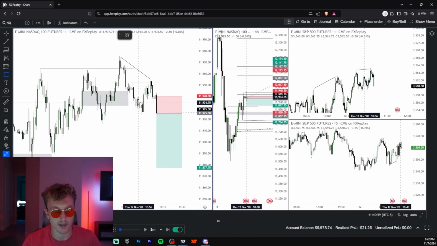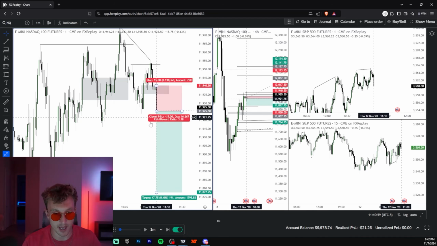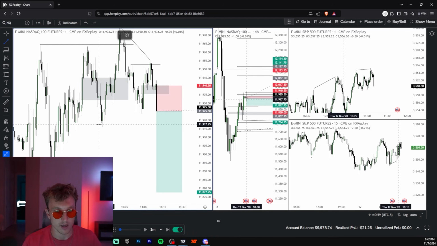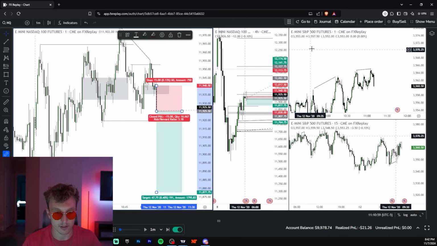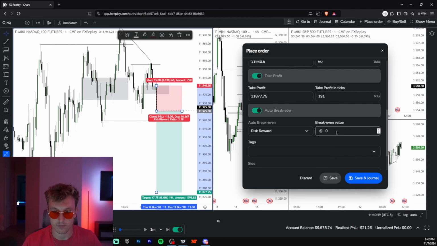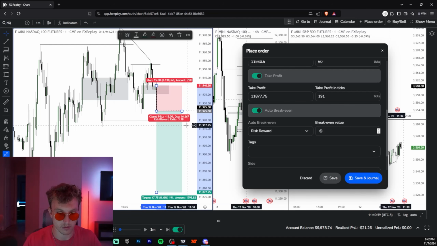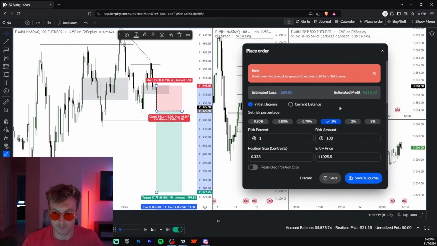We delivered off of it. I really like how we just instantly blast through this. At the same time, we did not hit this internal low. I'd probably go to break even fairly quickly, probably here to be honest, like 11.919. So let's do that. Sell market, save and journal.